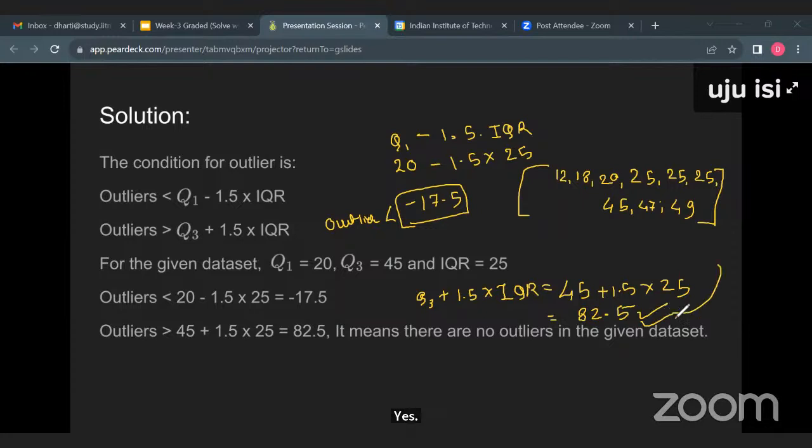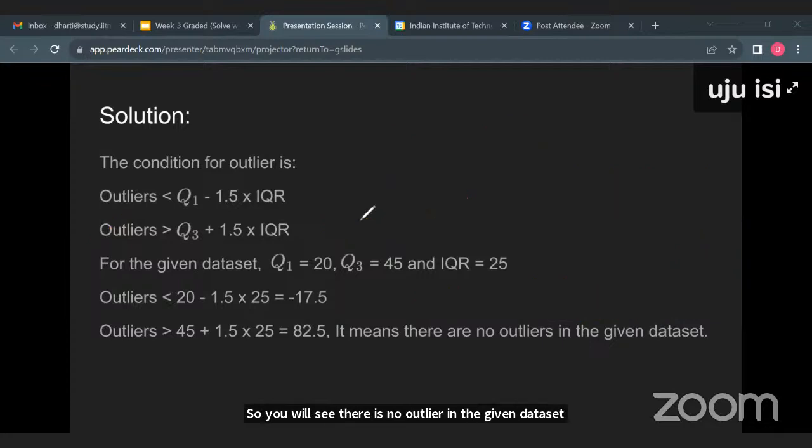Just check your data set: is there any value greater than 82.5? Because we have to check this condition. Outlier is always greater than this value. So in this data set, there is no point which is less than negative 17.5 or greater than 82.5. So we will say there is no outlier in the given data set. Okay, ma'am, clear, got it. Thank you.